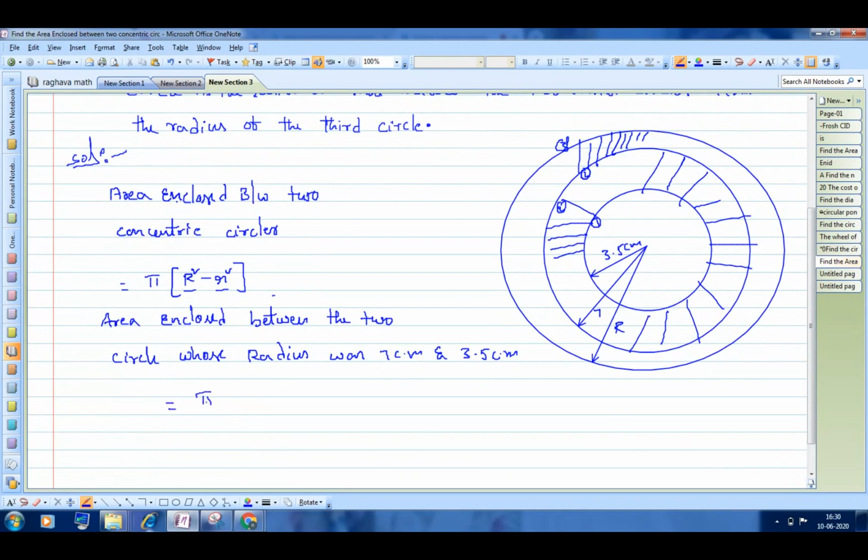That will be equal to pi into 7 square minus 3.5 square. This can be written as 22 by 7 into, applying the a plus b into a minus b formula, 7 plus 3.5 into 7 minus 3.5. This will be equal to 22 by 7 into 10.5 into 3.5.